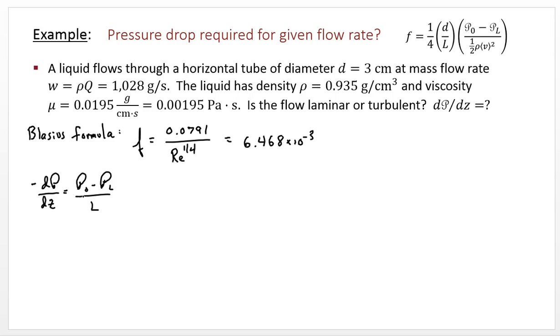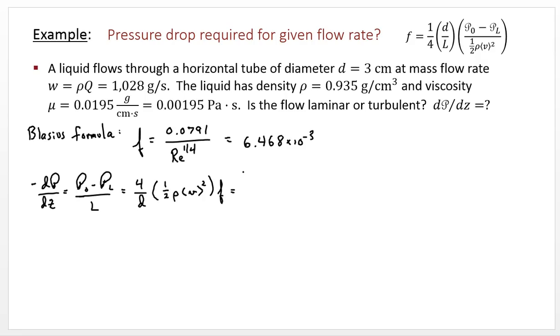P naught's greater, and so dP/dz is negative. The pressure always decreases in the direction of flow, so minus dP/dz is actually positive. So (P naught minus PL) over L from this formula here is equal to 4 over the diameter multiplied by the kinetic energy term, 1/2 rho times the mean velocity squared, multiplied by the friction factor F.